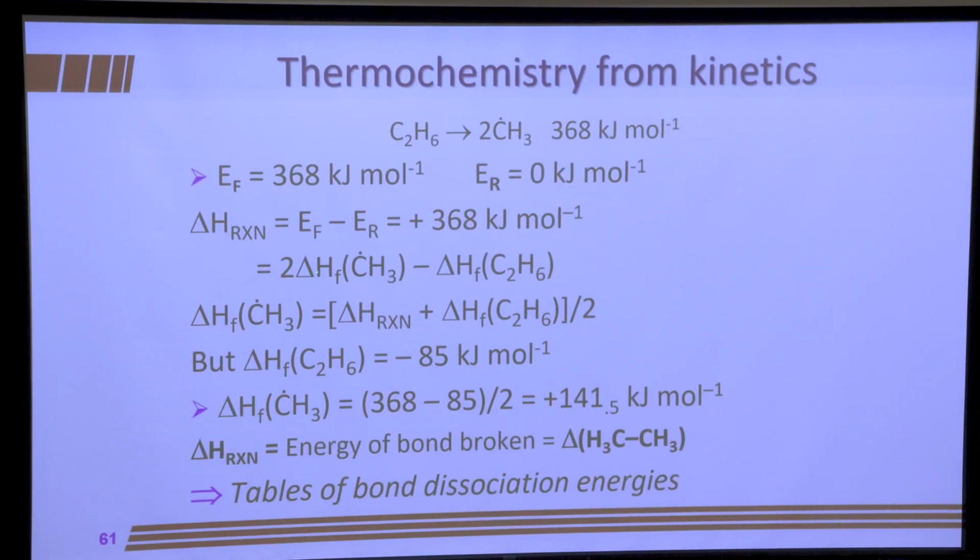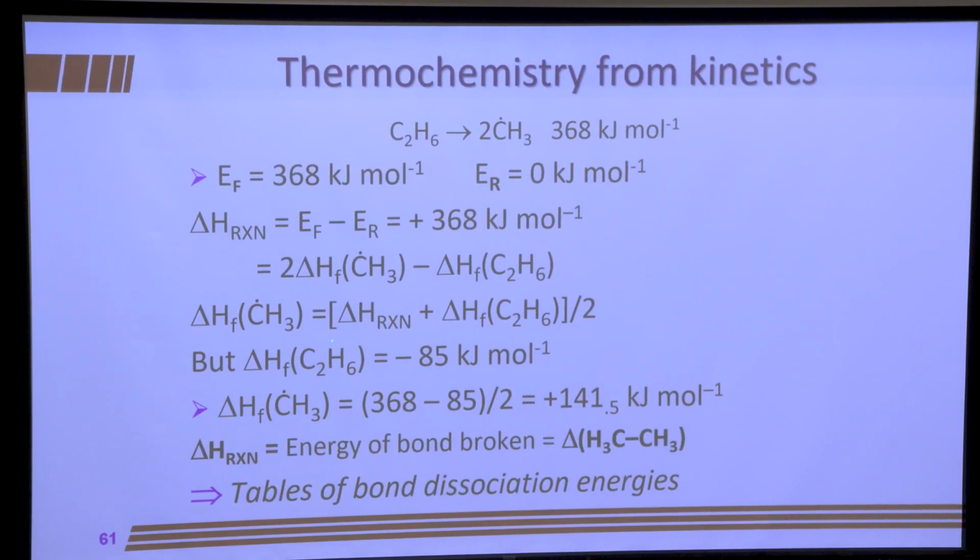It's 2 times the heat of formation of the products minus the heat of formation of the reactants. So the heat of formation of a methyl radical is equal to delta H reaction plus the heat of formation of ethane, all divided by 2.